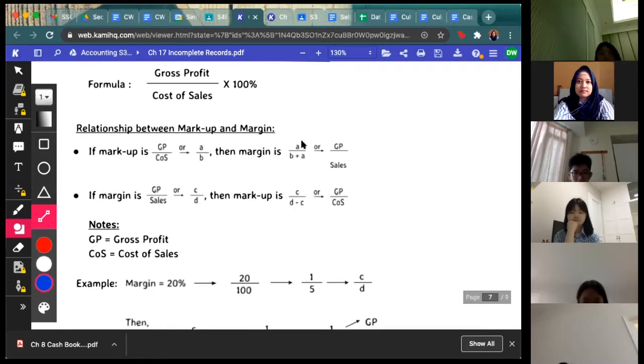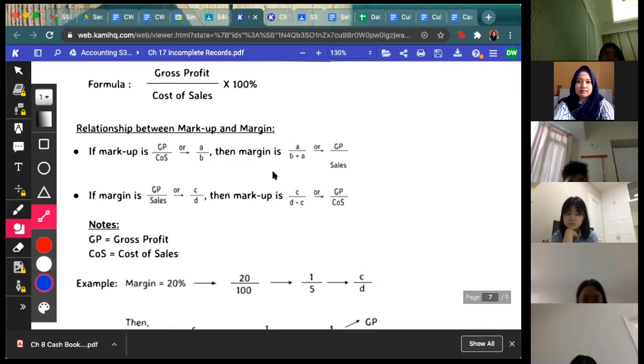I'm going to make another formula where it is A over B plus A. Again, if markup is A over B, then to find margin I add B with A as the denominator, so A over B plus A. After that, it becomes GP over sales.